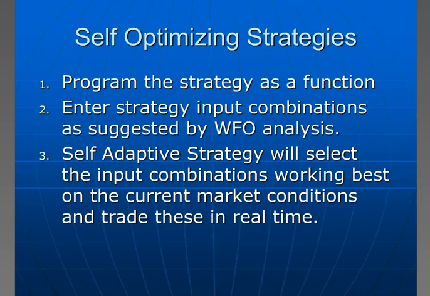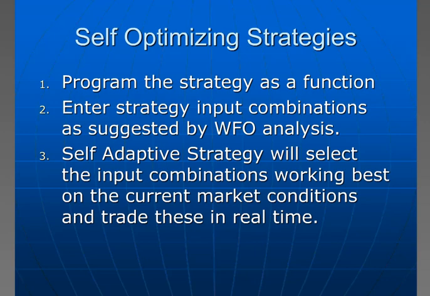And I'm letting the automated strategy, the self-optimizing strategy, select from a series of suggestions made by the walk-forward optimizer. So rather than selecting one walk-forward optimization routine, I've selected them all, and I've let this self-optimizing routine choose the best one that works in real time.